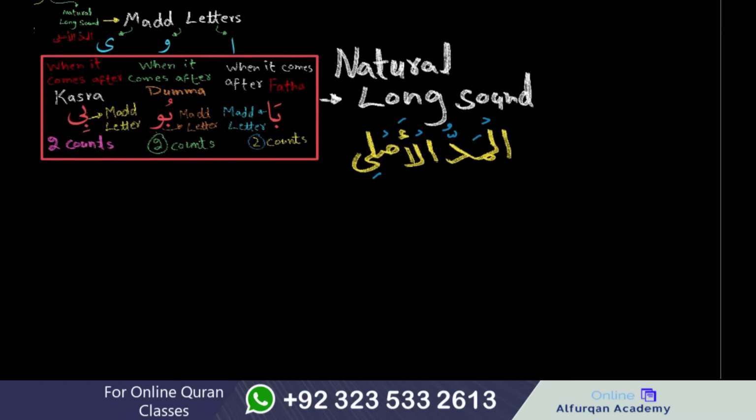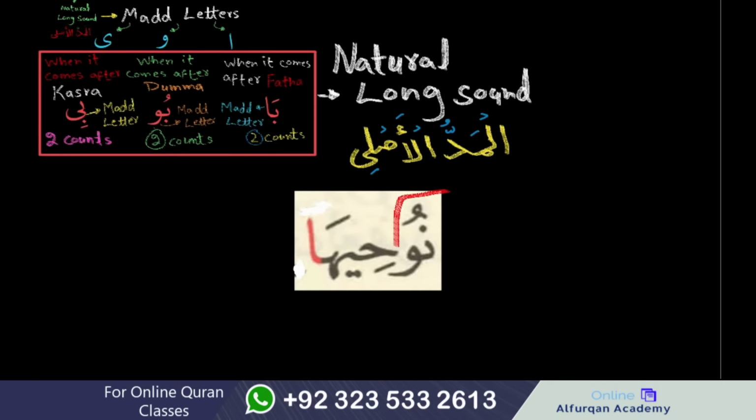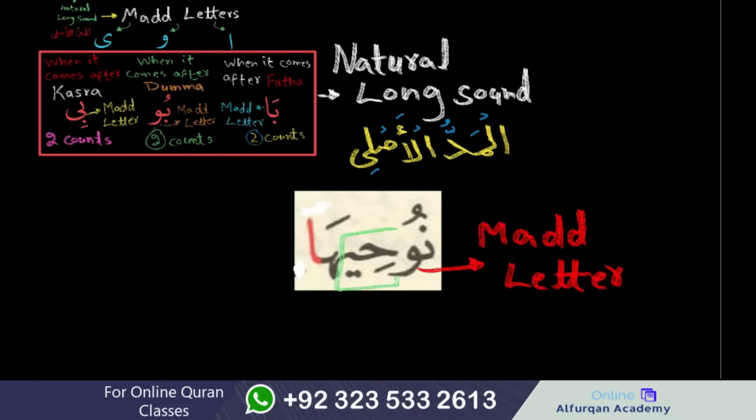Now let's take an example from the Holy Quran. In this example, in the first syllable, letter waw becomes a mud letter because it's coming after dhamma, and we have to make the nu sound for 2 counts because of waw. It becomes nu. And in the next syllable, letter ya becomes a mud letter because it's coming after kasra, and we have to make this sound for 2 counts.